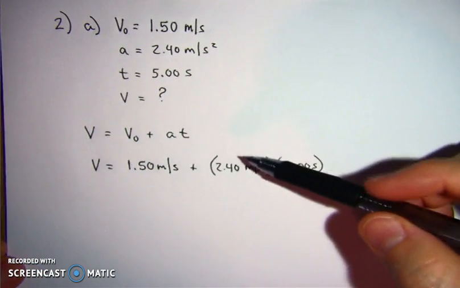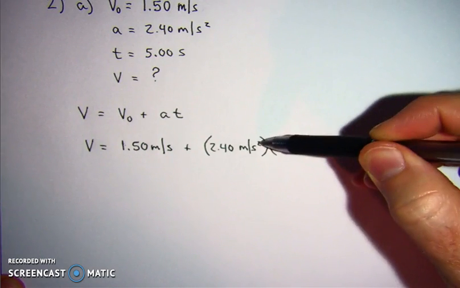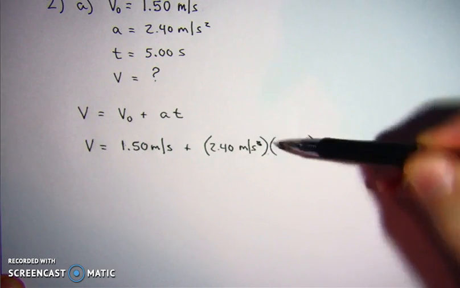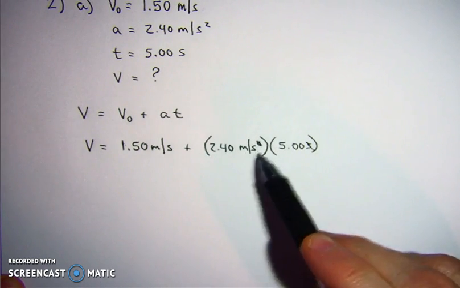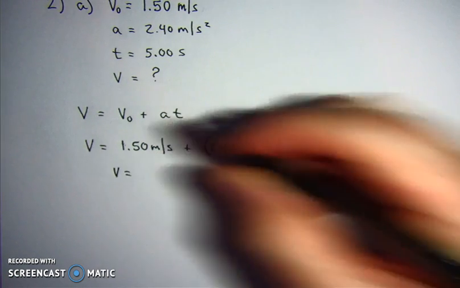So once again, just like the last problem, as we do our math, the seconds on top will cancel out with one of the seconds on the bottom, so we'll be left with meters per second. Let's get all this together and find out what our final velocity is.